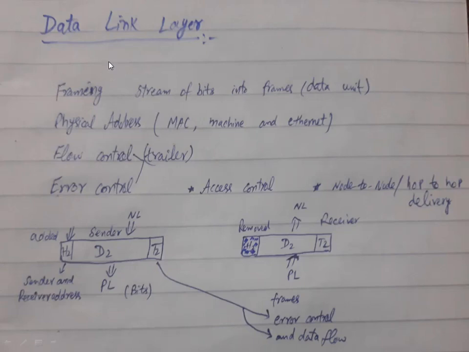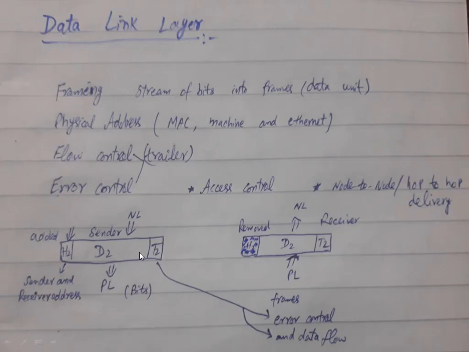Next one is the data link layer. Here at the data link layer, a header is added. This header contains the sender and receiver address, and this data link layer transfers the data to the physical layer, and the upper layer, that is the network layer, sends the data to the data link layer.